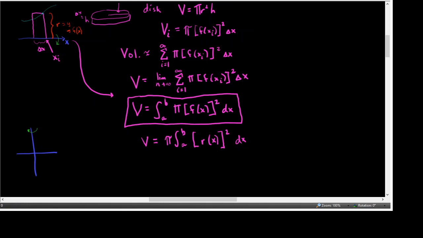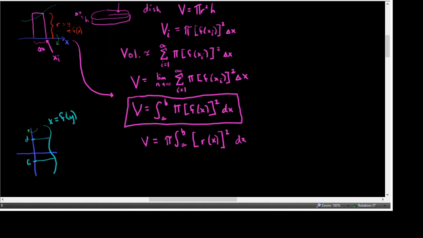We're going to have some relation x equals f of y, and we're going to go from, let's say, c to d. And we're revolving that region about the line, which is the y-axis, the line x equals 0.